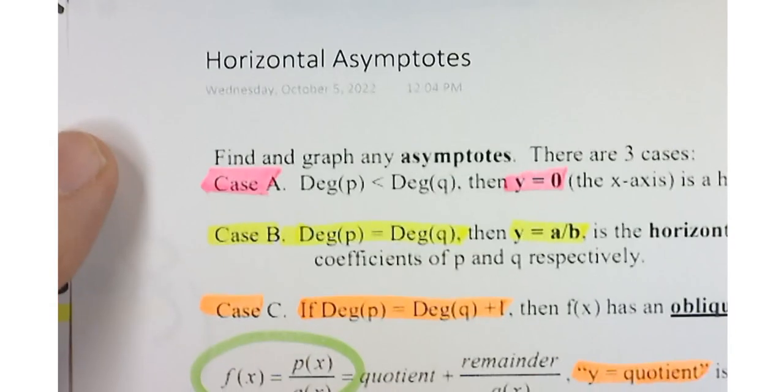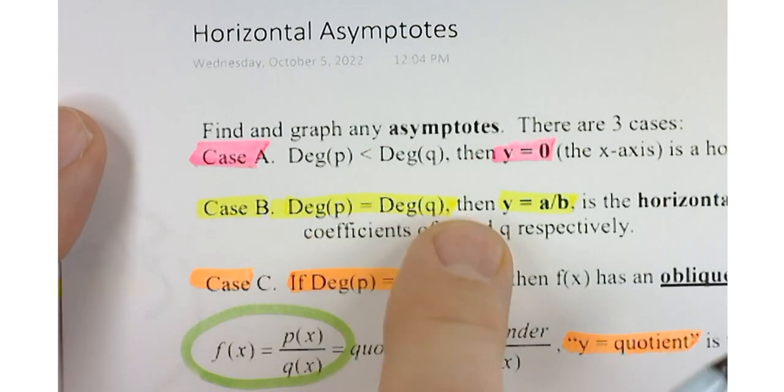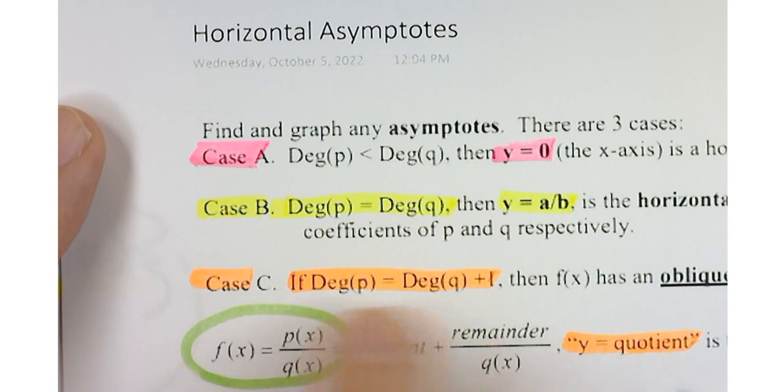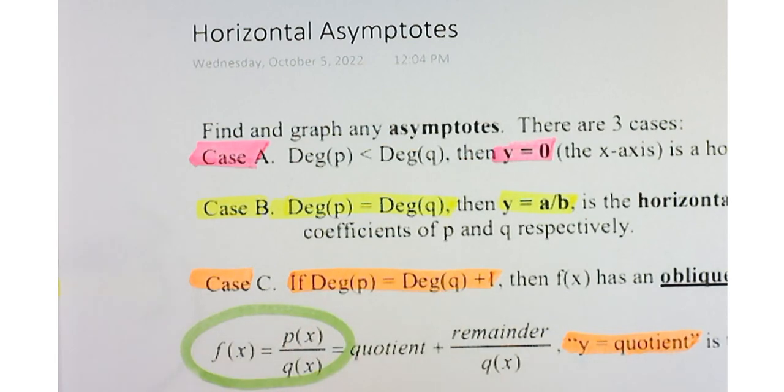The degree of the numerator is bigger than the degree of the denominator, the degrees are equal, or the degree of the numerator is 1 bigger than the degree of the denominator. Mina had a good question: what if it's none of these? If it's none of these, it doesn't have a horizontal asymptote. That's okay. Let's take a look at our function.